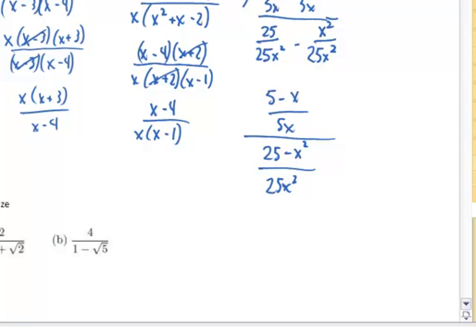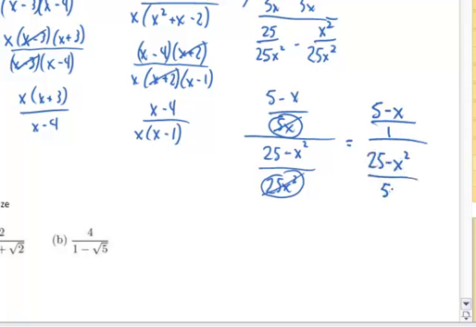Now if you take a close look, you'll notice that that 5x has something in common with this denominator here, and I can rewrite them because I have 5 minus x over 1. I'm going to cancel that out with a 5x in the denominator of the denominator term.